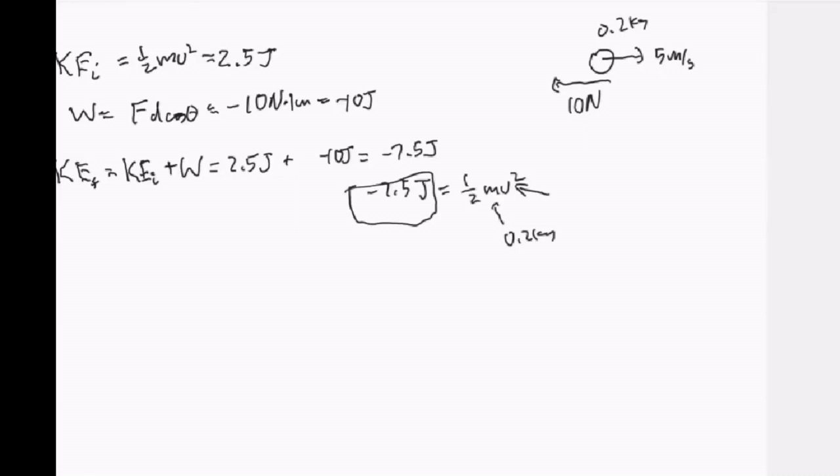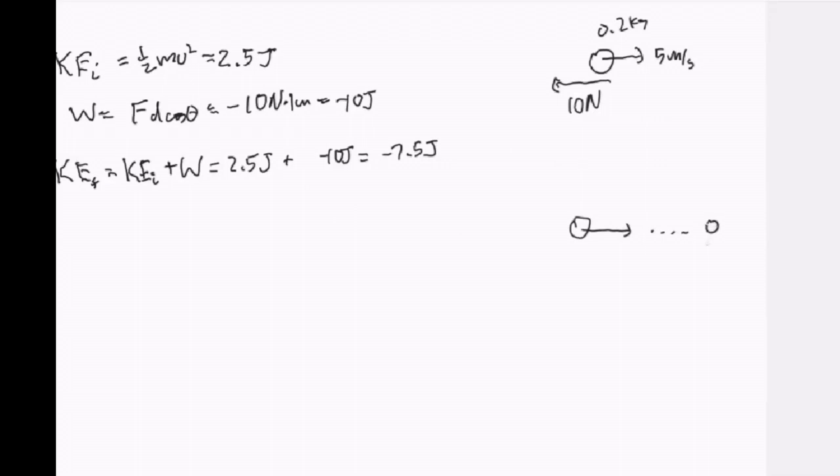Well, it turns out the reason is that the work really isn't -10 joules. And what's happening here is, first of all, let me erase this. What's happening here is that the ball's going to slow down and eventually stop. And after the ball stops, the ball will turn back this way and keep on going that way. And what happens now is that the force, the 10 newton force, is in the same direction as its motion.